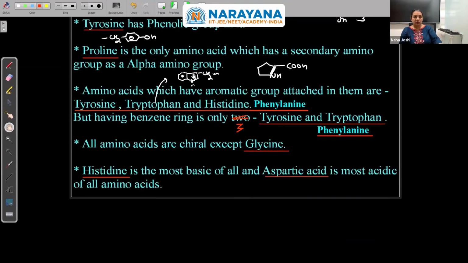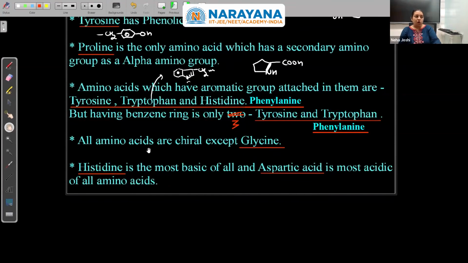This is a different heterocyclic compound also. So if they are strictly benzene, then the answer is only tyrosine and phenylalanine. Is that clear? All amino acids are chiral except glycine. Histidine is the most basic. Aspartic acid is the most acidic amino acid of all.